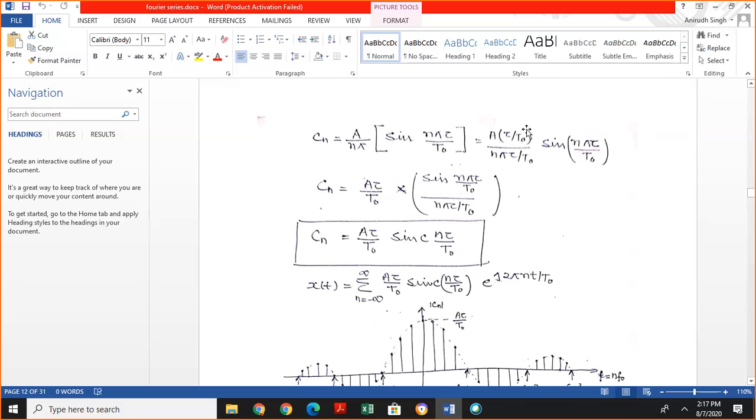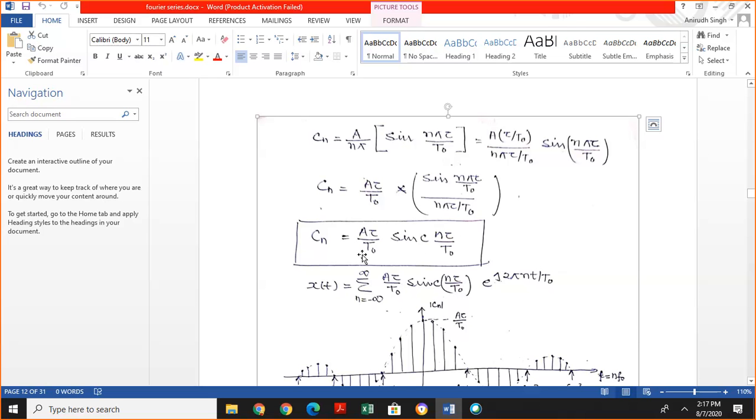Here we rearrange this equation simply by multiplying and dividing by tau by T naught. If we write the equation this way, we get a sinc function. But in the sinc function, this pi is not here; pi is removed.